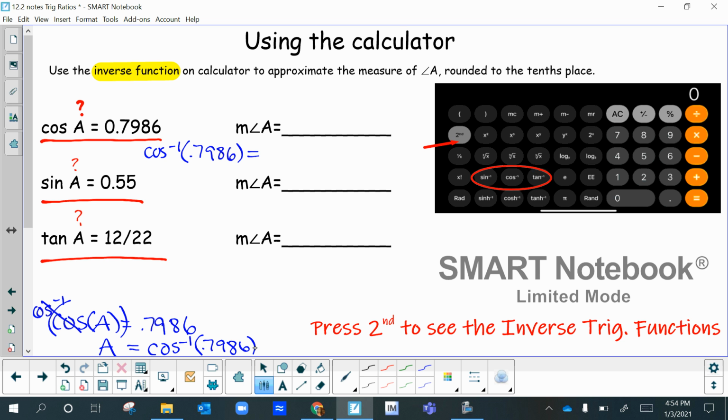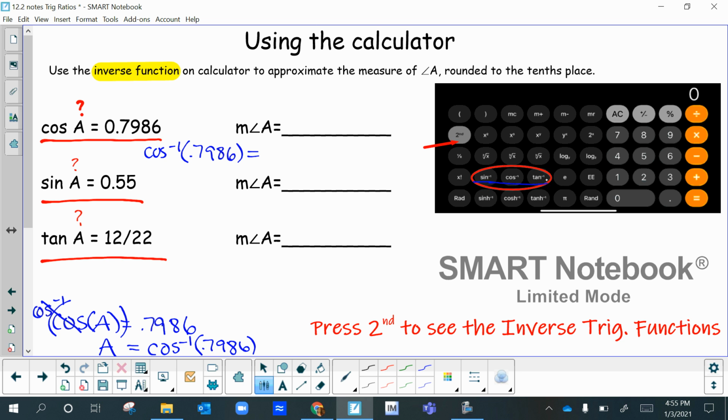Now on the iPhone calculator, remember that we kind of have to press it backwards a little bit. So follow along with me. So I'm going to press 0.7986 first. Okay. Now, maybe let's backtrack, okay? If on your iPhone calculator you cannot see these inverse functions like you see here, these three inverse functions, I need you to press that second button, where I have the red arrow pointing.